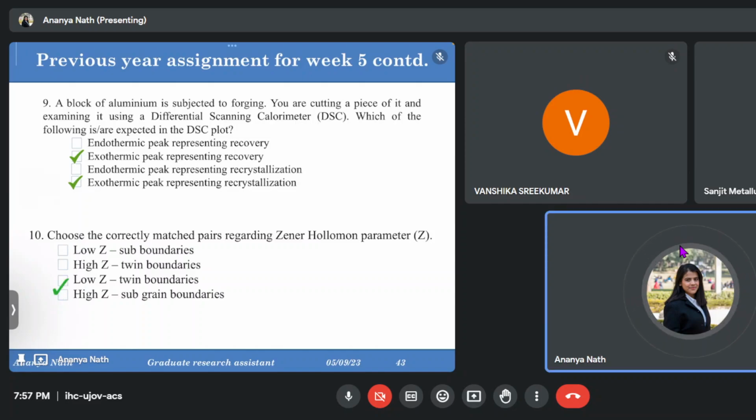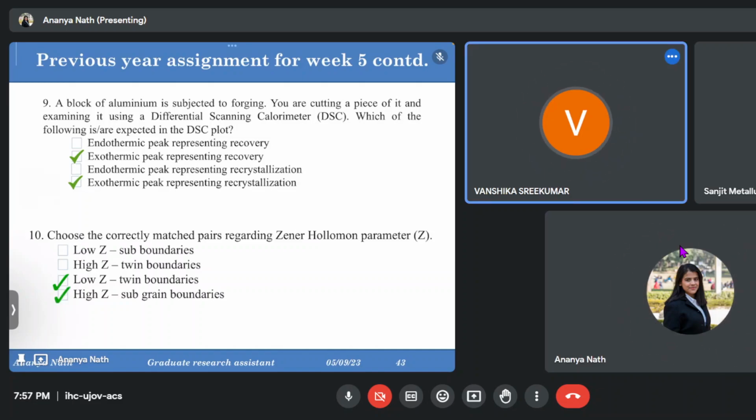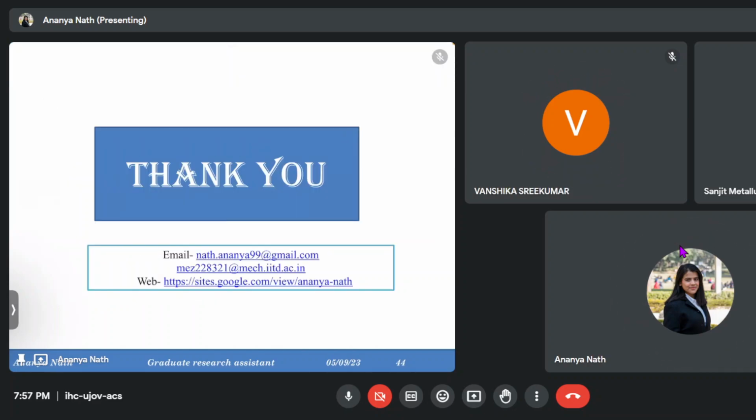Okay. Low Z means twin boundaries and high Z means subgrain boundaries. But the dislocations will not. Yeah, swap. Okay, it's up to that.